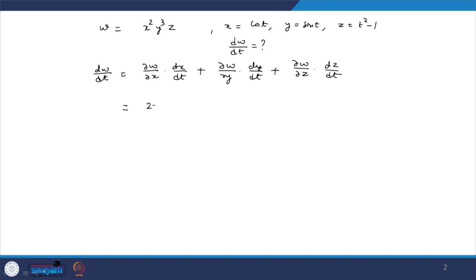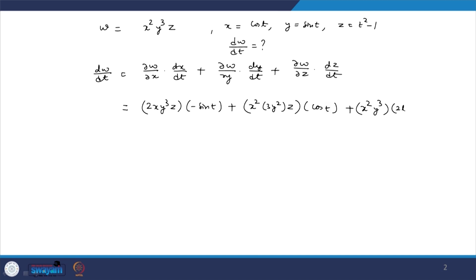It is 2x y cube z, and dx by dt is what? Minus sin t. Plus del w by del y is what? X square into 3 y square into z, dy by dt is cos t, plus del w by del z is x square y cube into dz by dt is what?